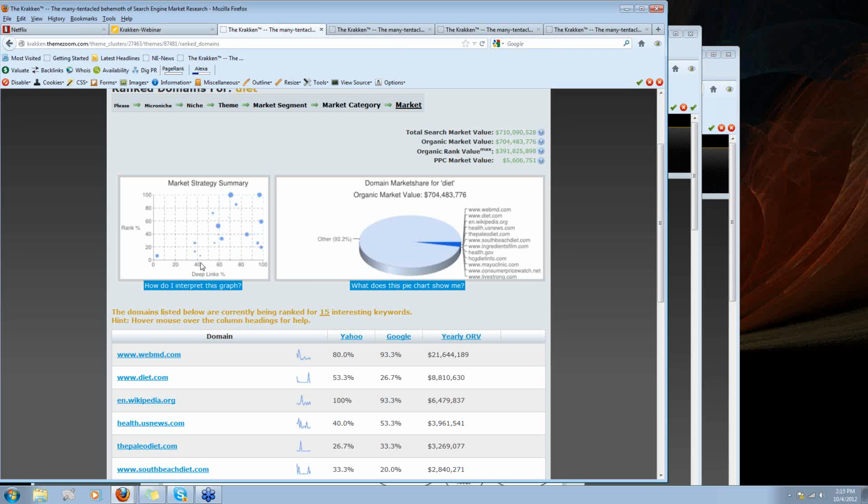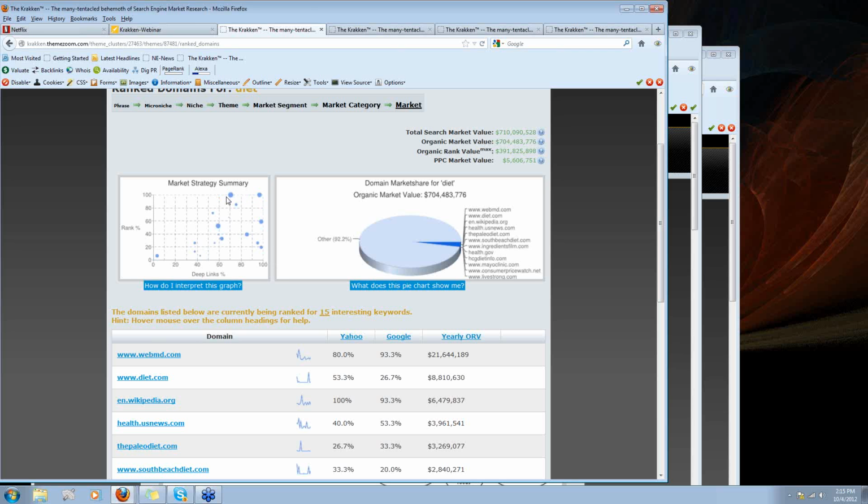The more folks up here, the more deep links they've got. What this represents down here is the percentage of deep links. These are the guys with more than 50% of their links being deep links, meaning they're really well SEO'd and have quality content. People are linking to them naturally as well as through inbound linking campaigns. Over here is what percentage of the keywords they're ranked for. A couple of these sites are ranked for a whole bunch of keywords, and they're also pretty heavy hitters.